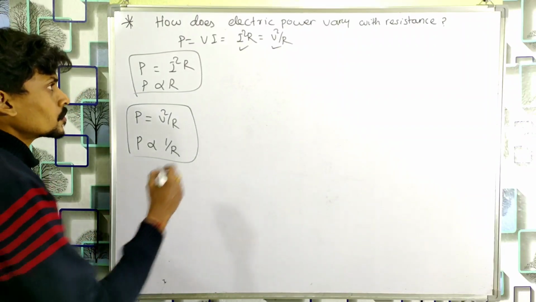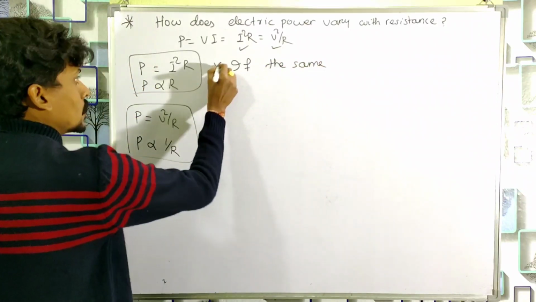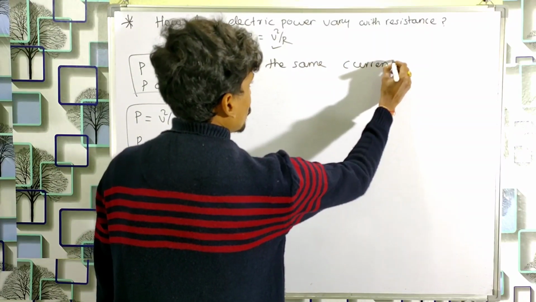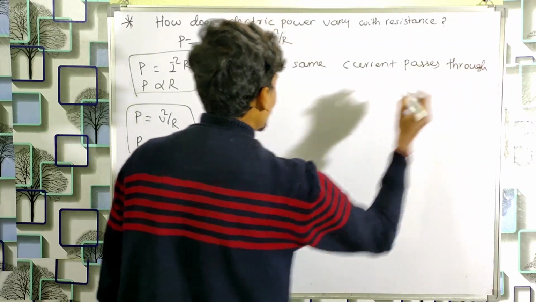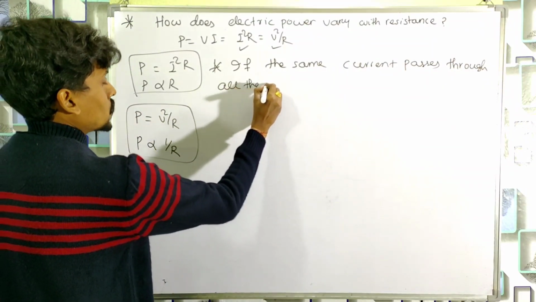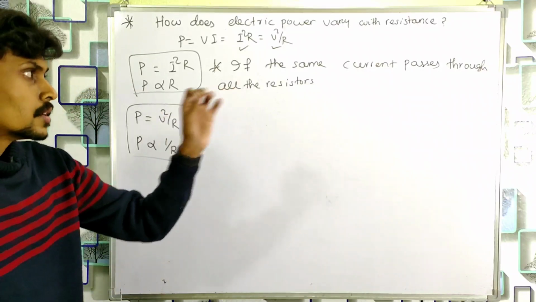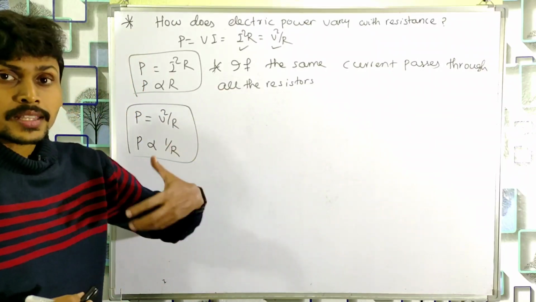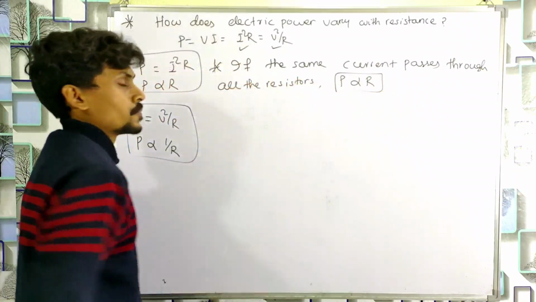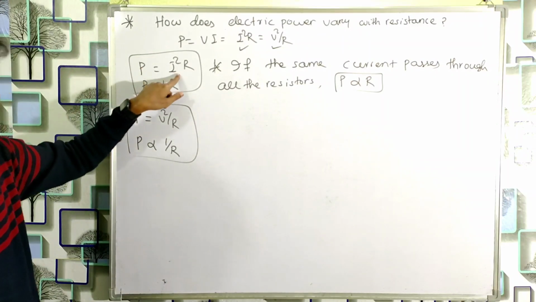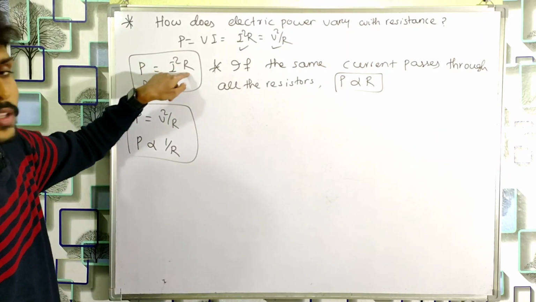The answer is, if the same current passes through all the resistors, means all the resistors are in series, तो से केस रे कोन हबो, power will be directly proportional to resistance. देखो जदि सबु रेजिस्टर रे सेम करंट पास करिवो त माने I is constant, तो से केस रे कोन हबो, power will be directly proportional to resistance.